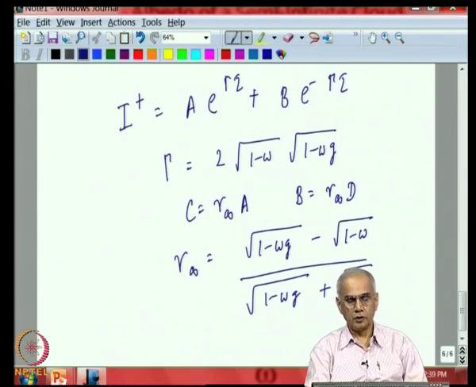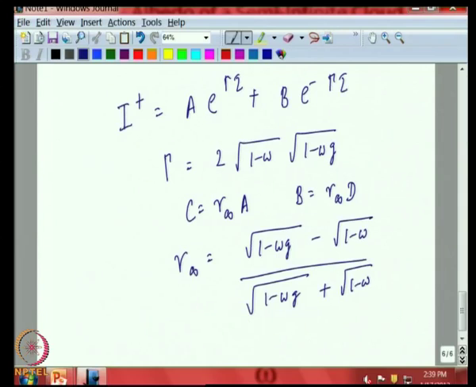Here g is not equal to 0. So, you get an expression where if you put g equals 0, you recover back what we did in the last derivation.